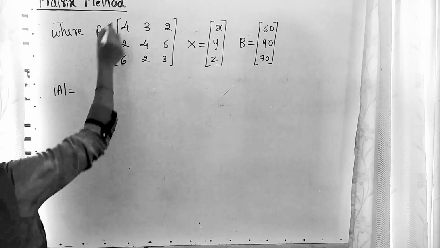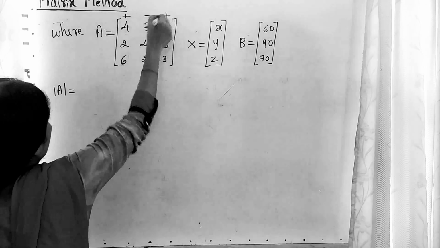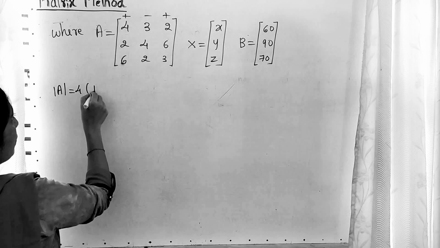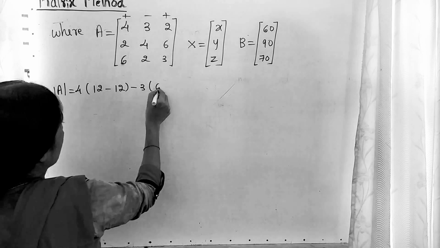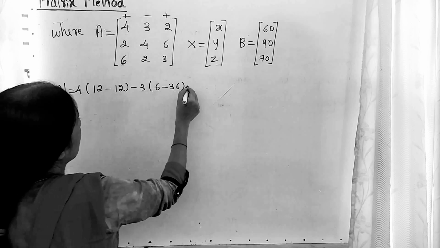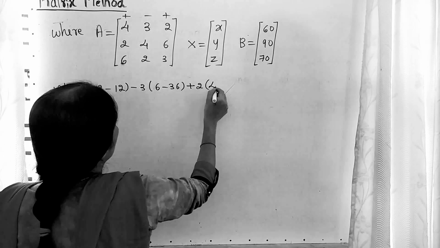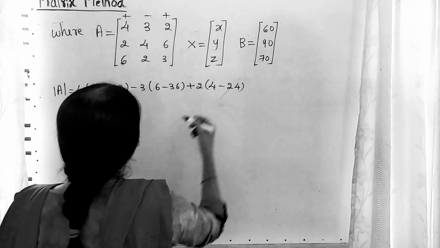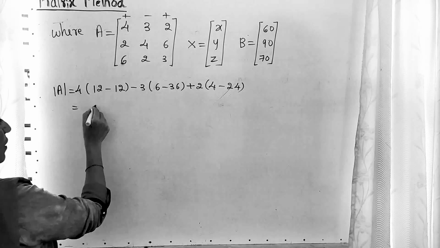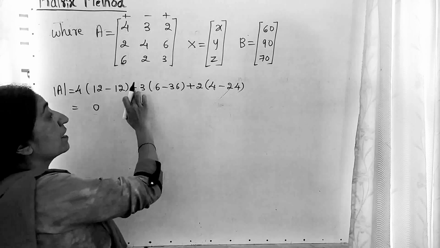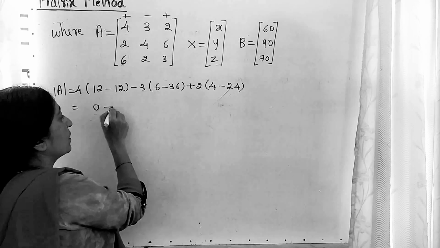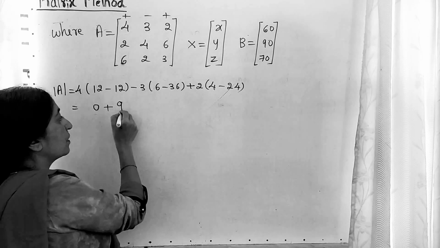Determinant of A. Already we are familiar, it is plus minus plus. 4 into (12 minus 12), minus 3 into (6 minus 36), plus 2 into (4 minus 24). So 12 minus 12 is 0, 6 minus 36 is minus 30. Here outside we have a minus, minus into minus is plus, 30 into 3 is 90.